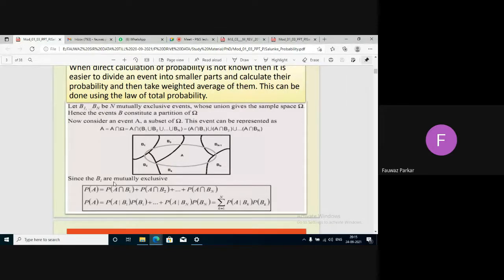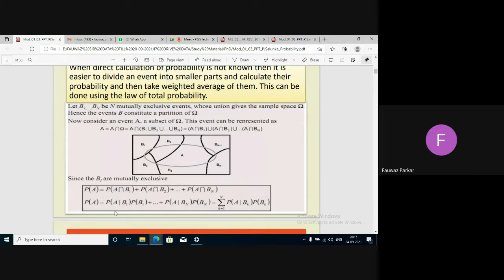Since the events B1, B2, B3 and all are mutually exclusive, probability of A is probability of A intersection B1, and likewise we just add; union means addition. Fine.